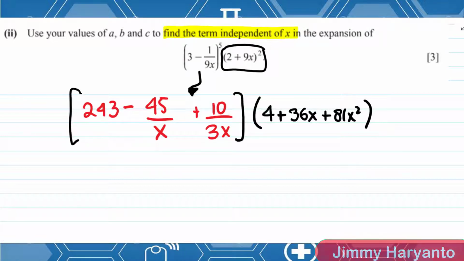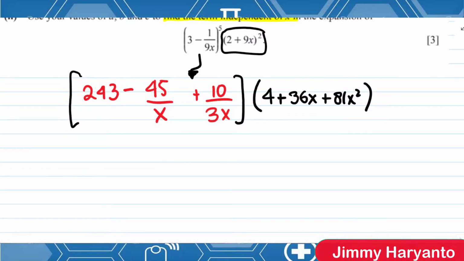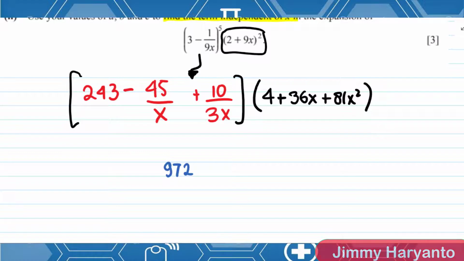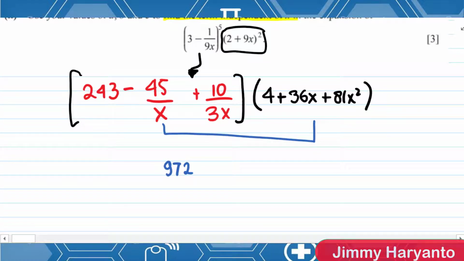That means we only look for the term without x; the ones with x we don't need. Which one? This one. When you multiply 243 times 4, it will be 972 without x. And when you multiply this one and this one, the x will cancel out, so you get a term without x, negative 1620.